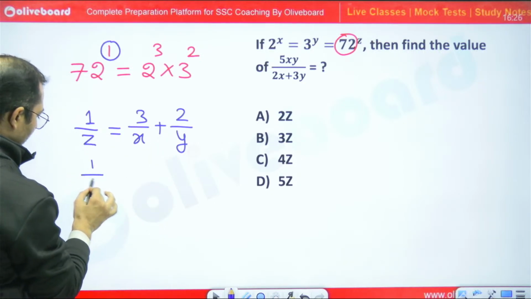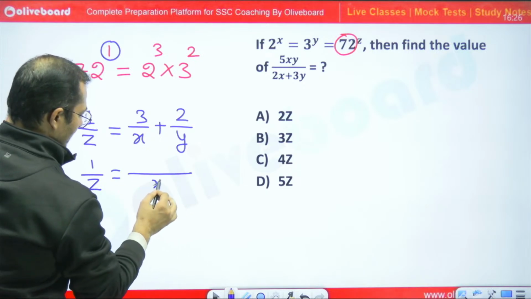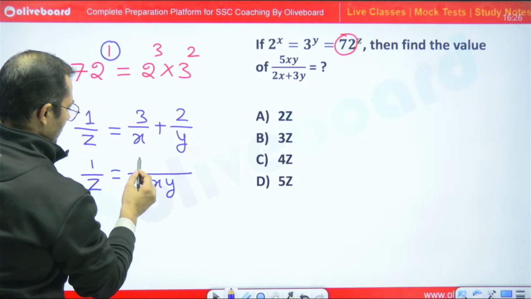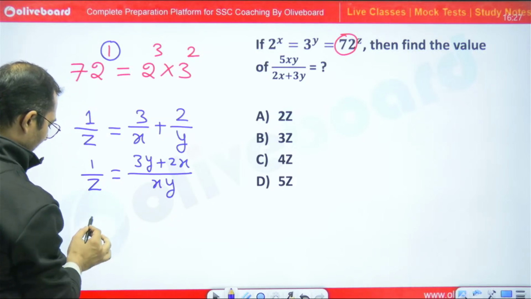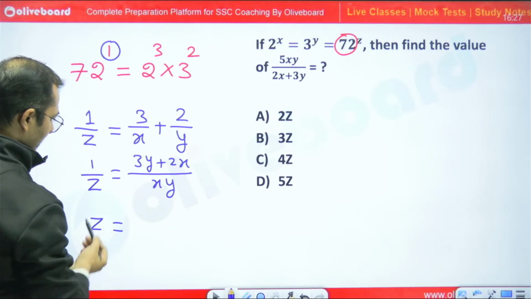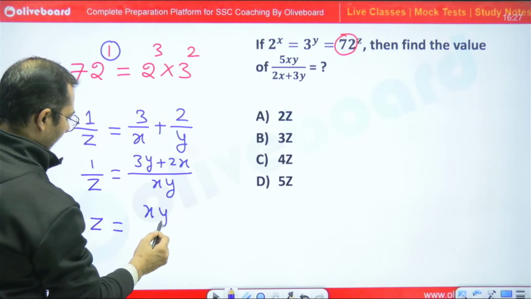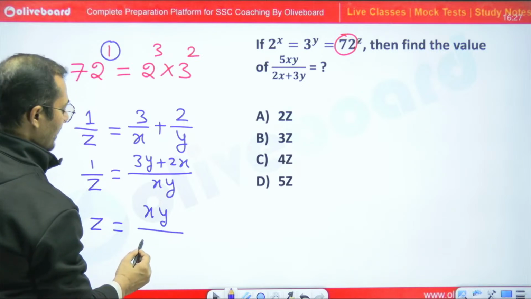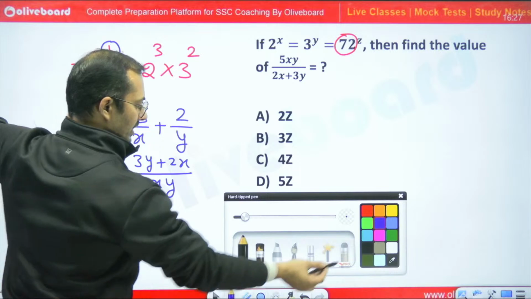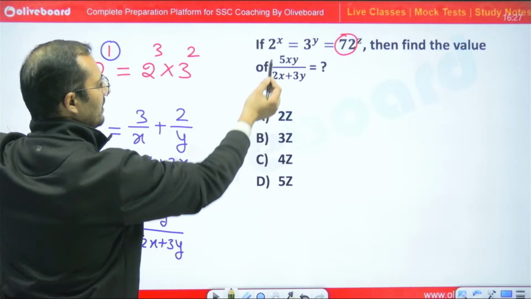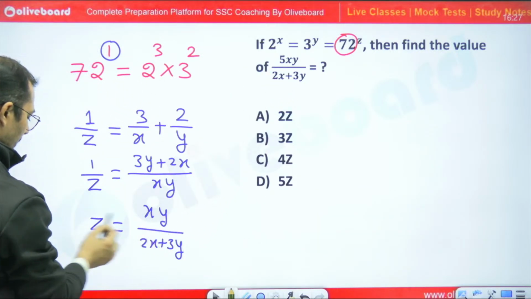We can say 1 upon z is equal to, with LCM xy, 3y plus 2x upon xy. After reciprocating, we can write z is equal to xy upon 2x plus 3y. Now just see, we need 5x, so just multiply by 5 on both sides.